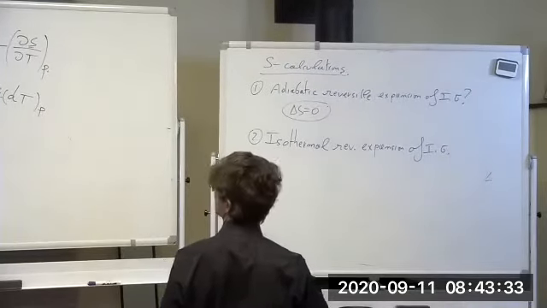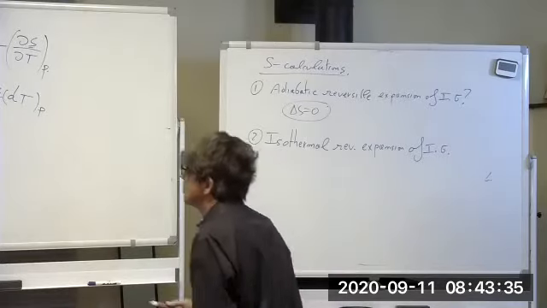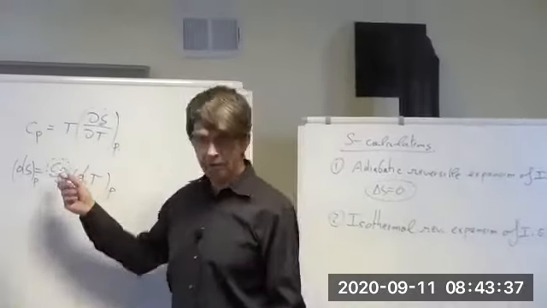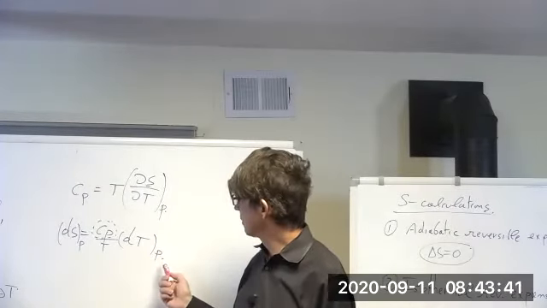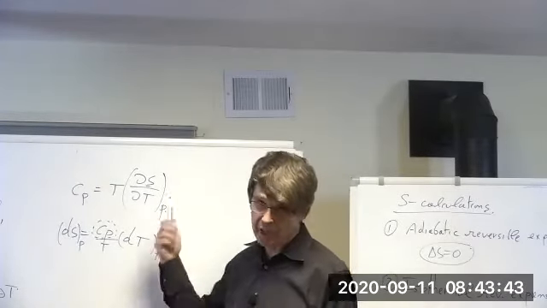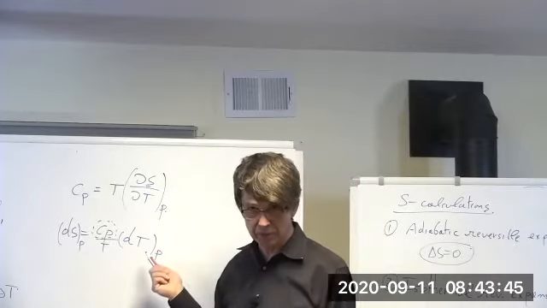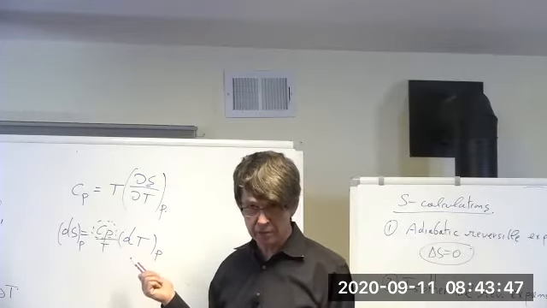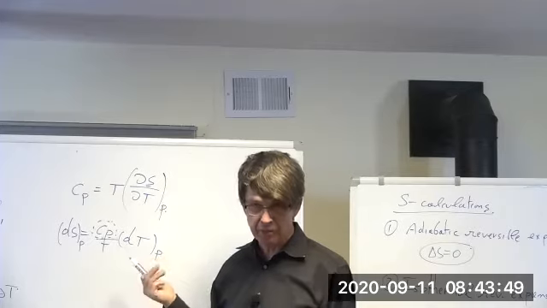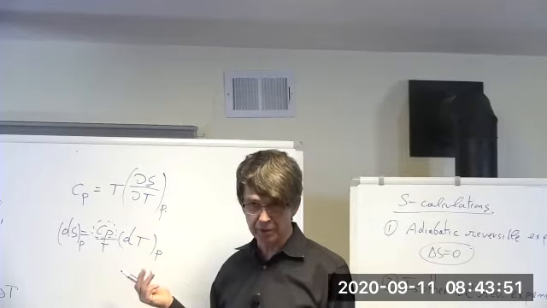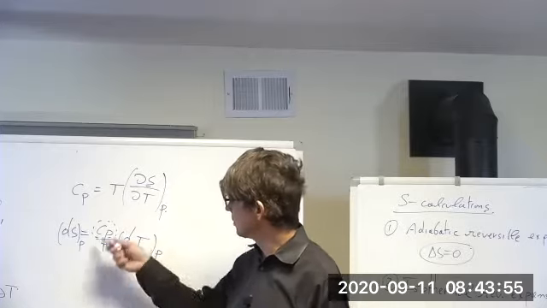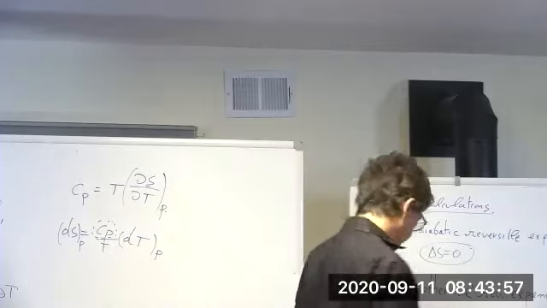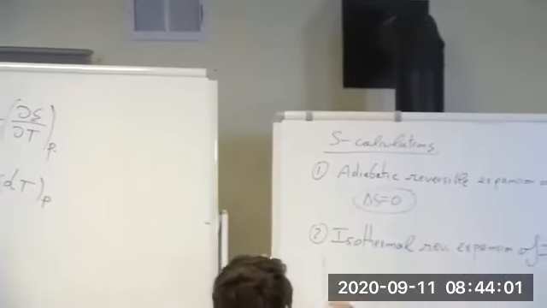Because you can't really integrate these things here, because these are given at constant pressure, or the other one that I erased at constant volume. And when I do an expansion, by definition, I'm not at constant pressure or constant volume in this case. So both pressure and volume change, so I can't just integrate Cp over T. So there has to be another way.